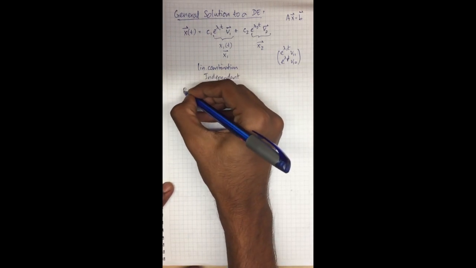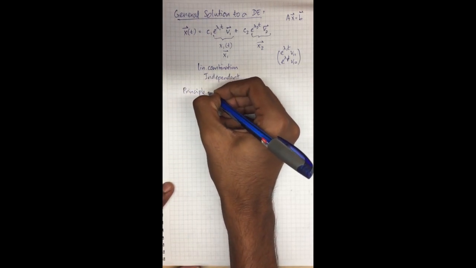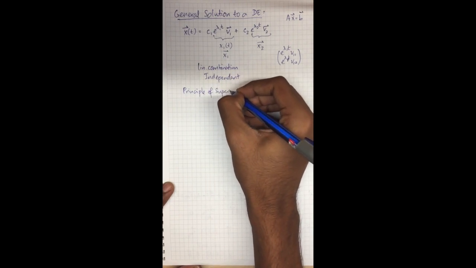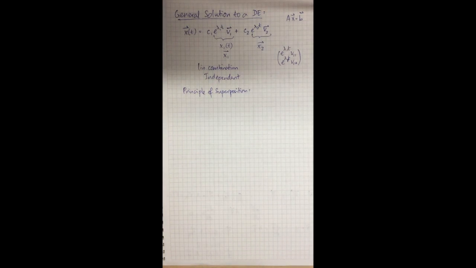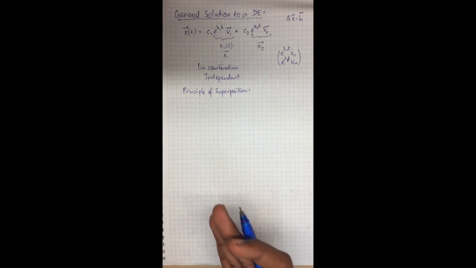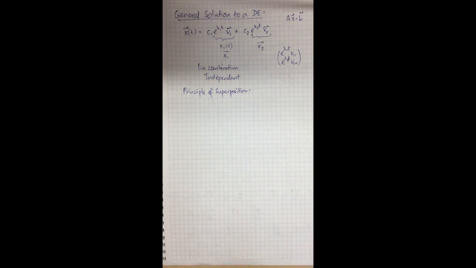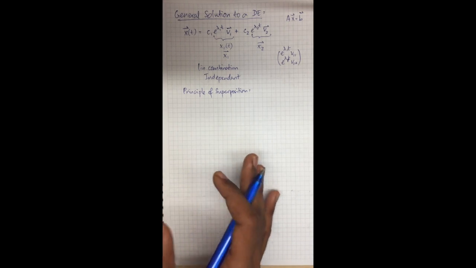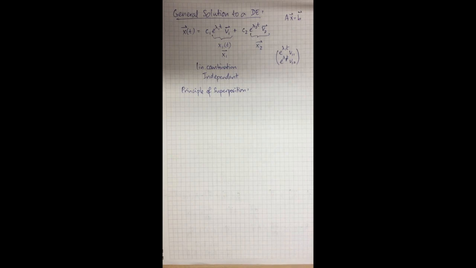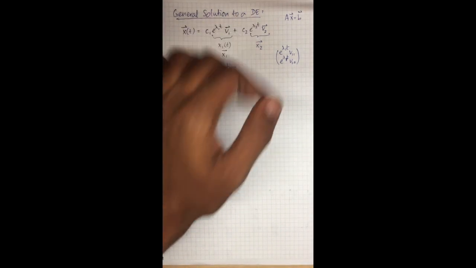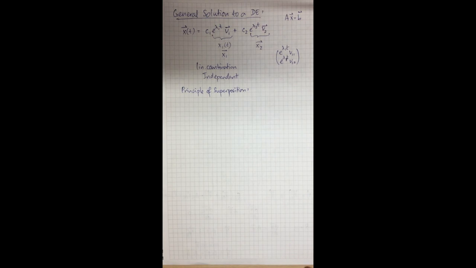Over there we come across the principle of superposition, which you've learned before. The principle of superposition is basically when you have a 1 by 1 matrix, or let's say a 2 by 2 matrix, and you extend it to a 3 by 3, 4 by 4, 5 by 5 matrix, and so on up to an n by n matrix, the answer still forms the same pattern. It is still a linear combination of e to the lambda t times its corresponding eigenvector.